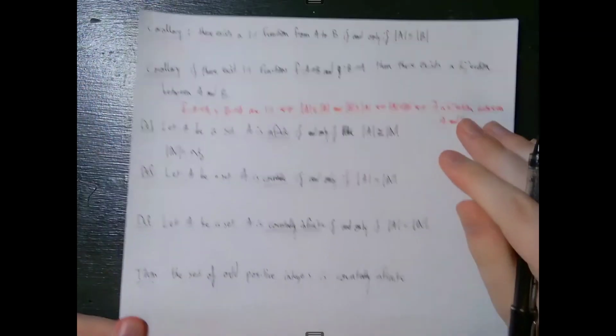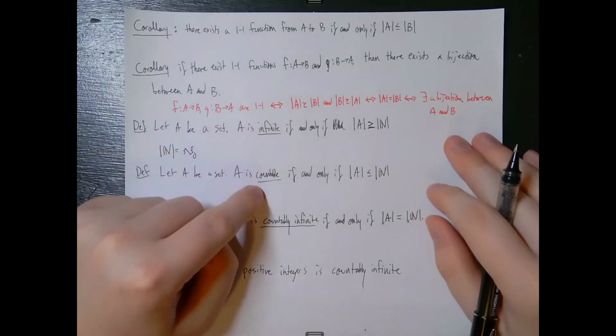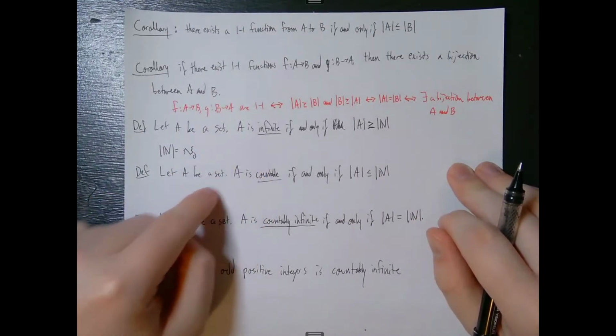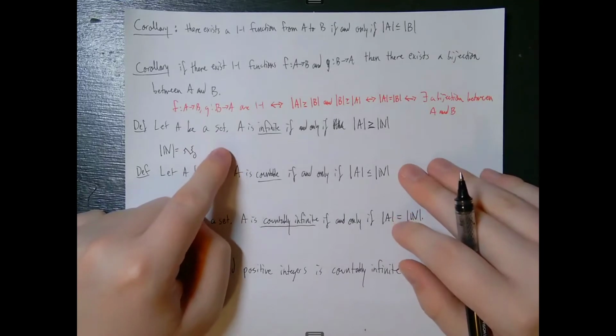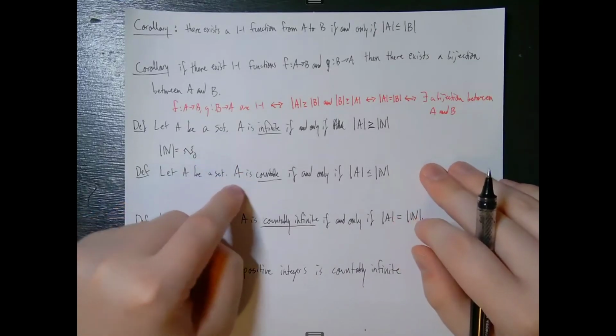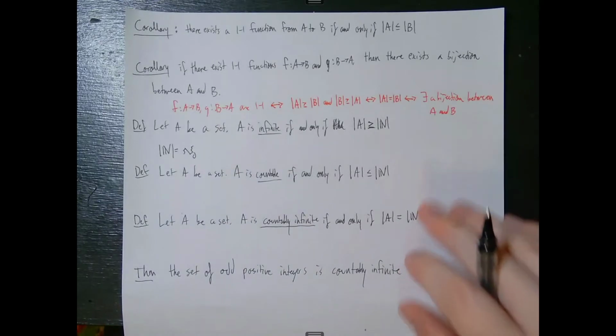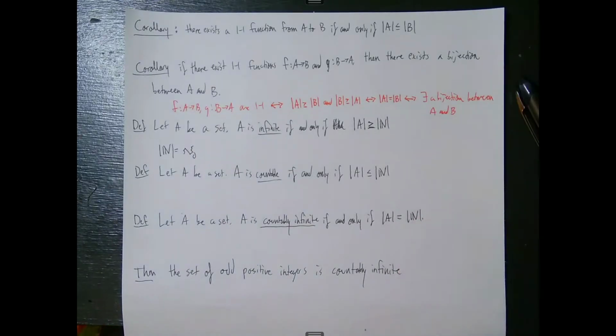So then, we have a definition of countable. If we let A be a set, we say that A is countable if and only if the cardinality of A is less than or equal to the cardinality of the natural numbers. So A is countable if it is a finite set or if it has the same number of elements as the natural numbers.